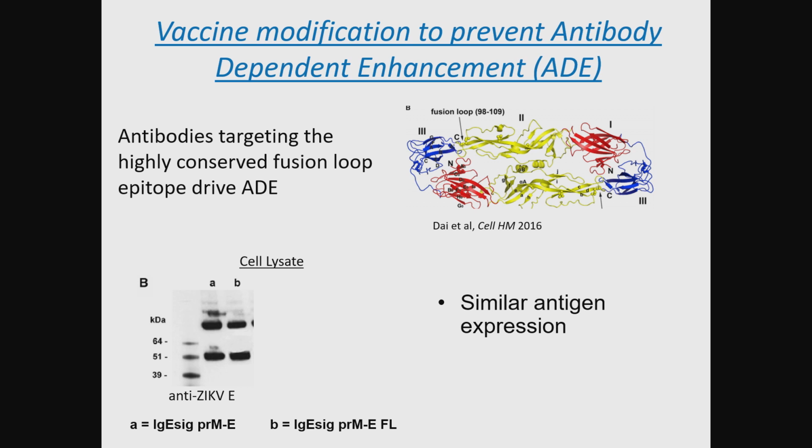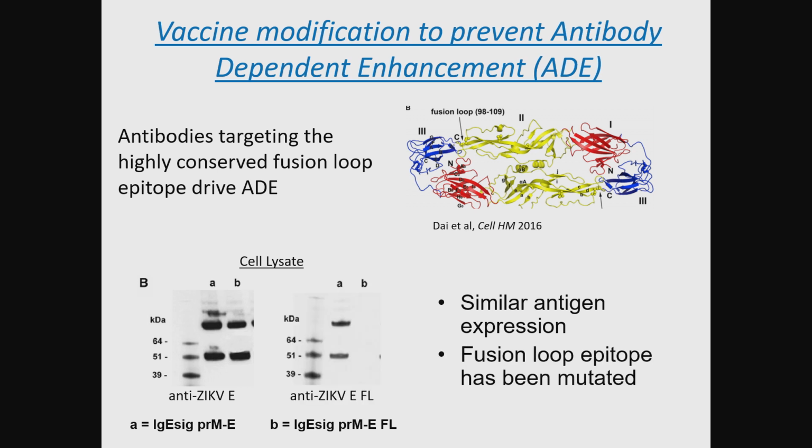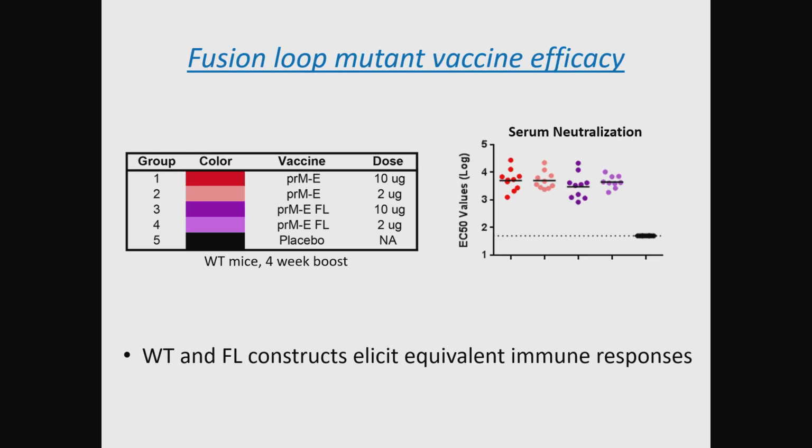And what you can see is that we're seeing similar antigen expression levels between the wild type and the fusion loop mutant mRNA constructs. Now on the graph on the right, we're using a monoclonal antibody that detects the fusion loop epitope. What we can see is that we no longer detect a band in the lysate from the mutant vaccine construct, showing that the fusion loop epitope has been mutated.